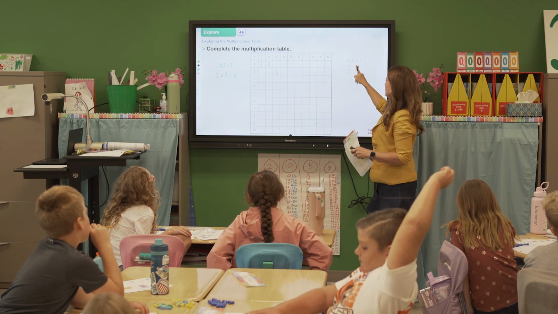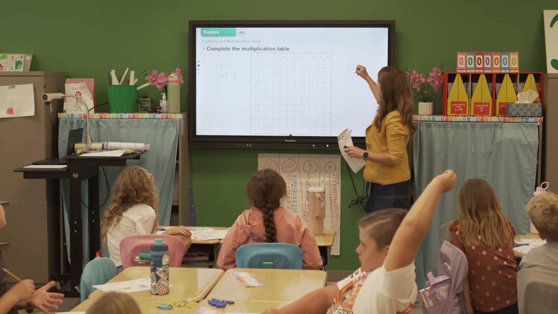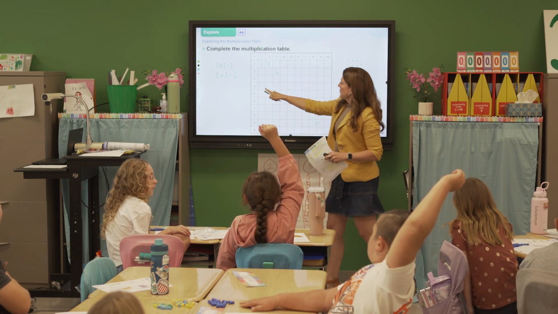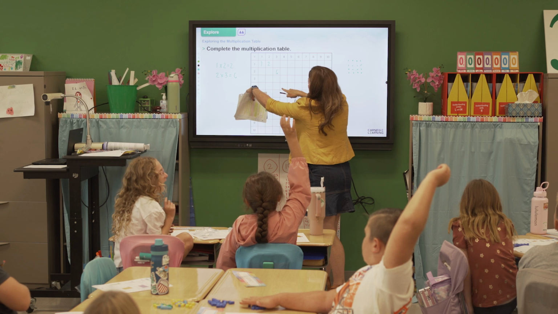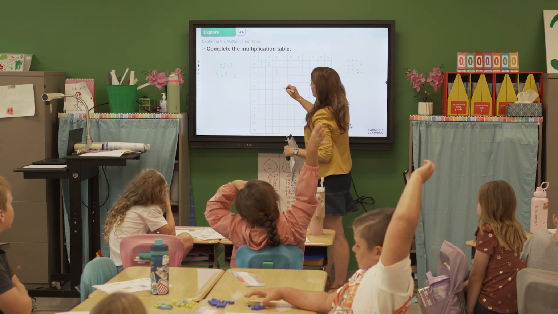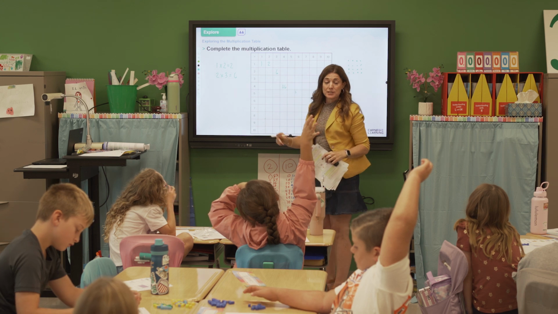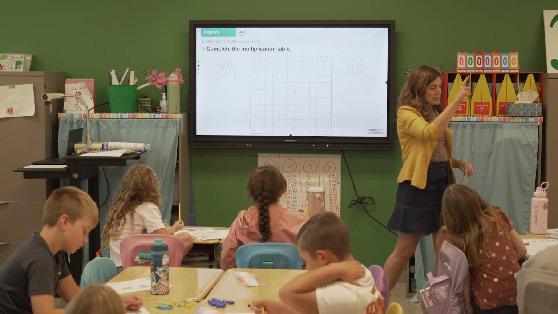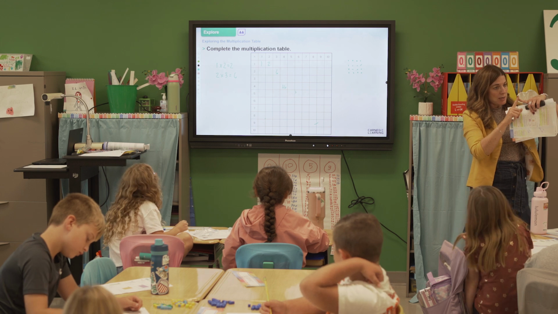Yep. 4 rows, 4 columns. If I filled all of this in, that equals 16. We would come across 4 rows, 4 columns, and right here would be my product of 16. So take your pencil and write 16 in where you see 4 rows and 4 columns coming together.